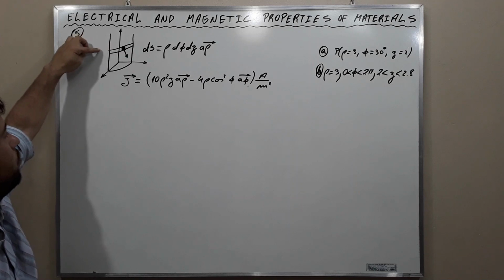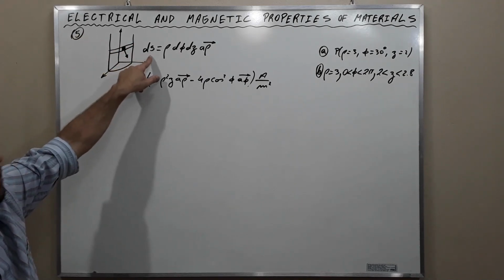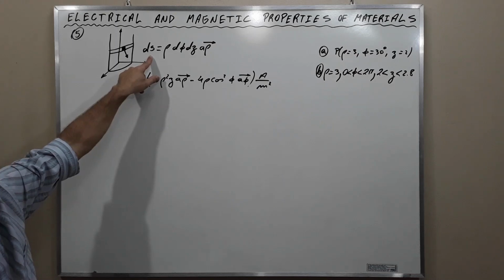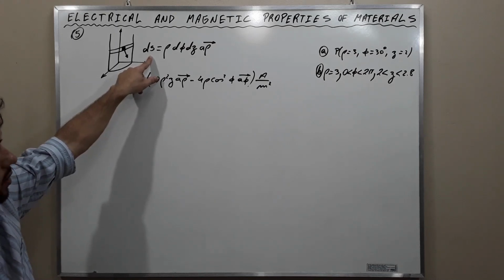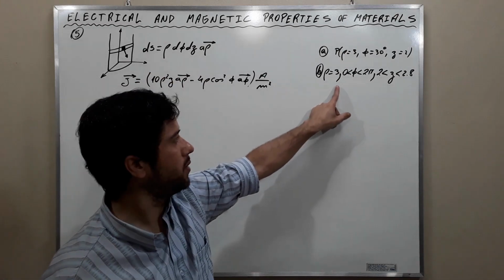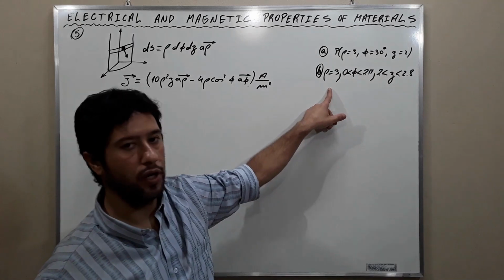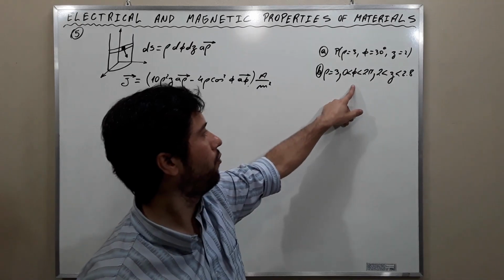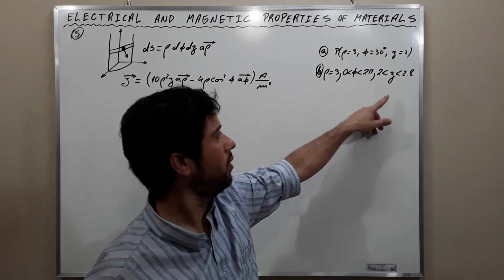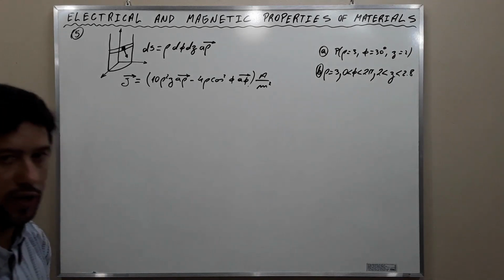Okay, this is going to be the circular band. This is the element of area, ds, and the band is bounded by rho equal to 3, phi from 0 to 2 pi, and z from 2 to 2.8.